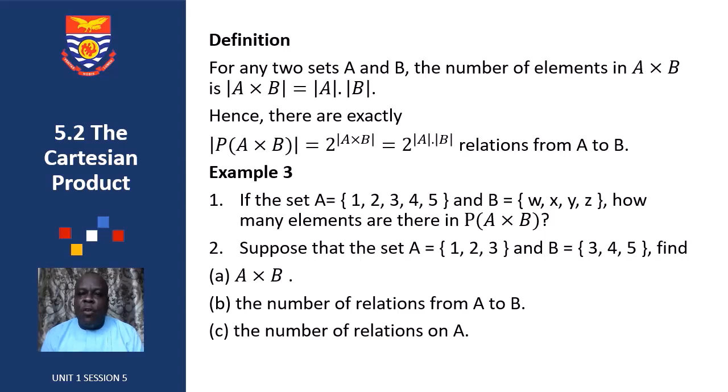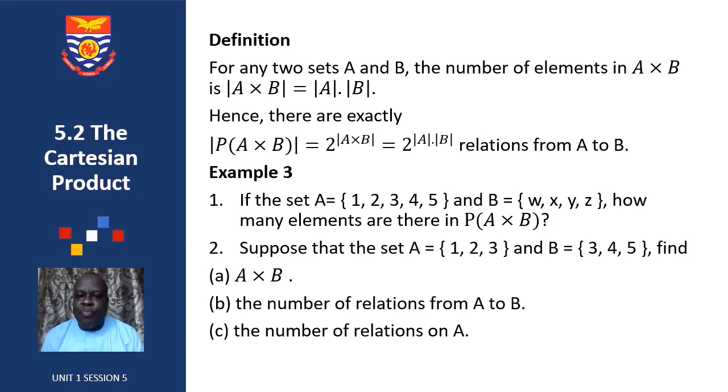Let's look at the following examples. If set A is equal to {1, 2, 3, 4, 5}, and set B is equal to {W, X, Y, Z}, how many elements are there in the relation A cross B?